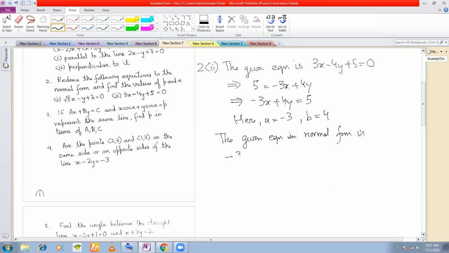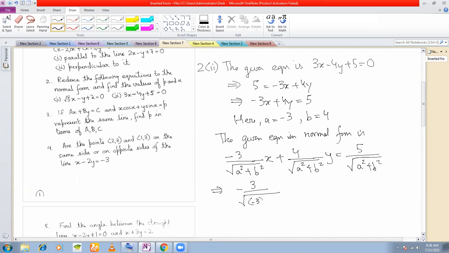So therefore the given equation in normal form is minus 3 divided by root over of a square plus b square, x plus 4 divided by root over of a square plus b square, y is equal to 5 divided by root over of a square plus b square. Implies minus 3 divided by root over of minus 3 square plus 4 square, x plus 4 divided by square root of minus 3 square plus 4 square, y is equal to 5 divided by square root of minus 3 square plus 4 square.